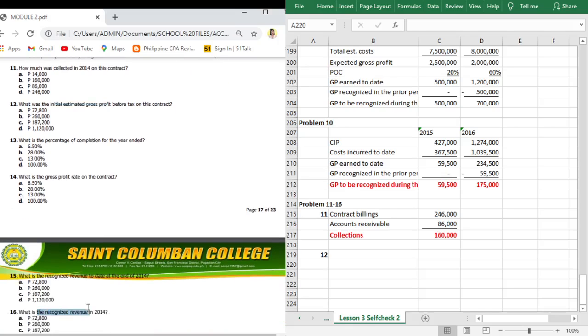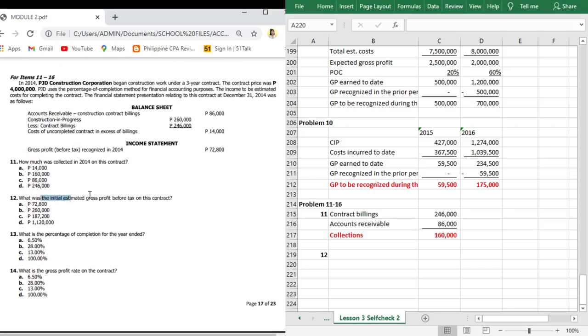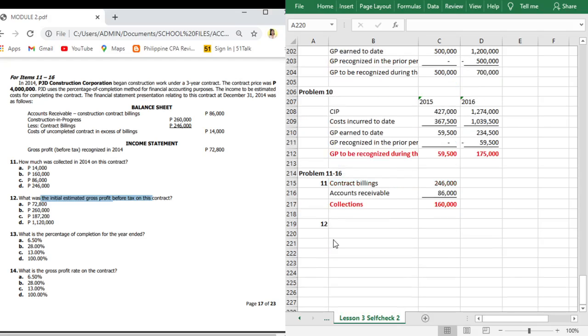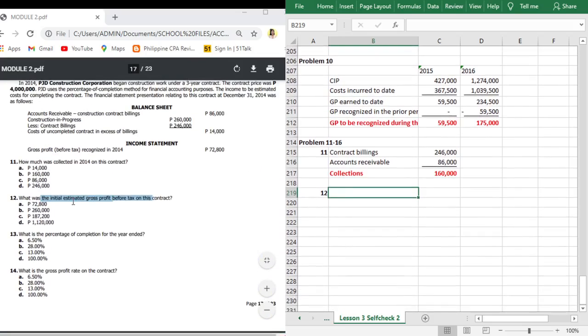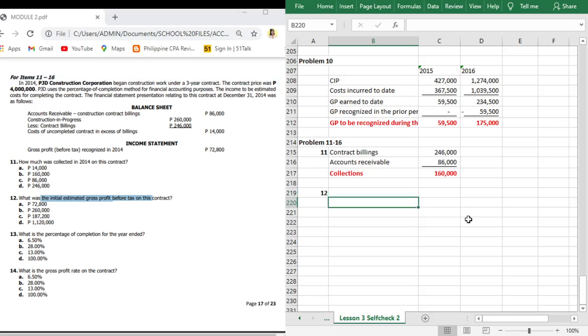So this means this is our expected gross profit. The contract price minus total estimated cost. How much is our expected gross profit here? For the expected gross profit, that would be contract price minus the total estimated cost.